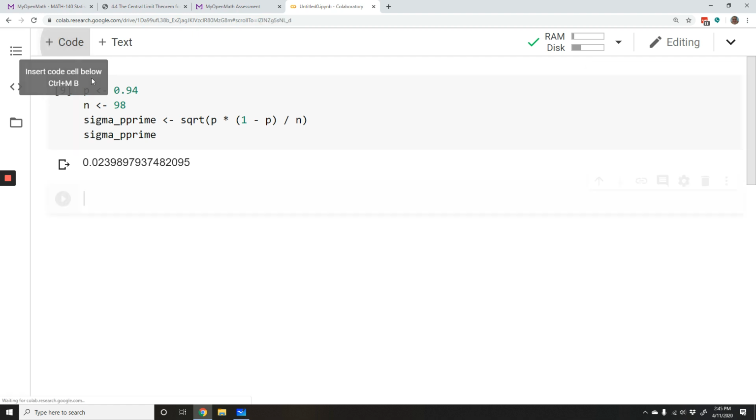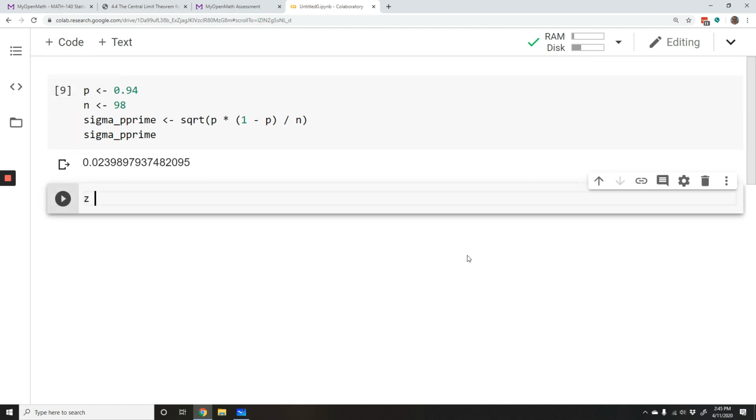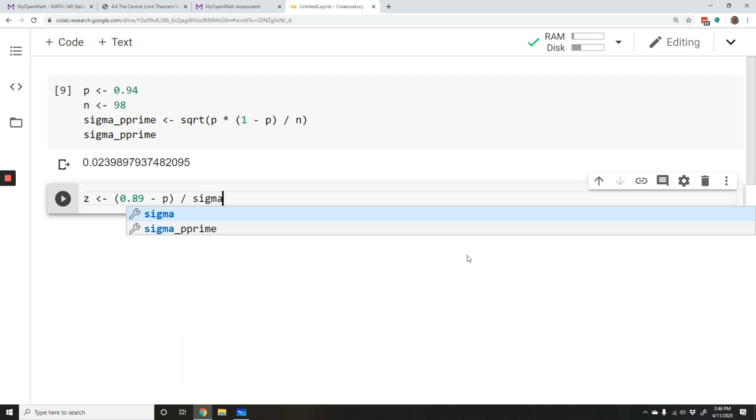So here, my z-score is going to be 0.89 minus the population proportion, p, which is 0.94, or I could just plug in p because I have that stored in that variable, and divided by the standard deviation, which is about 0.0240, or I could just use the variable sigma sub p prime.